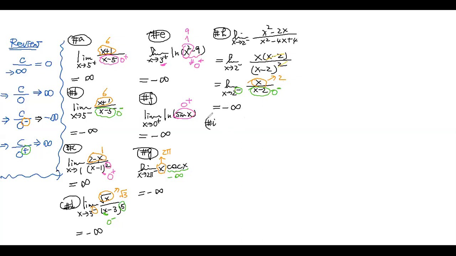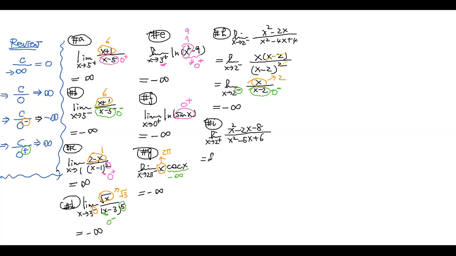Okay, now let's take a look at the next one. This is the limit as x approaches 2 from the right-hand side of x squared minus 2x minus 8 over x squared minus 5x plus 6.